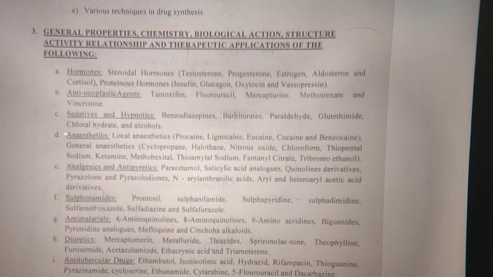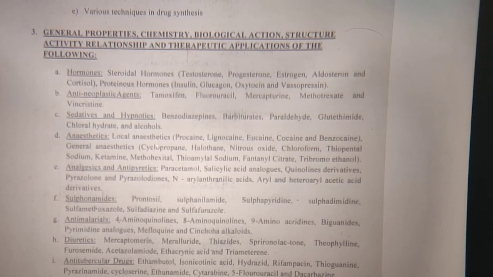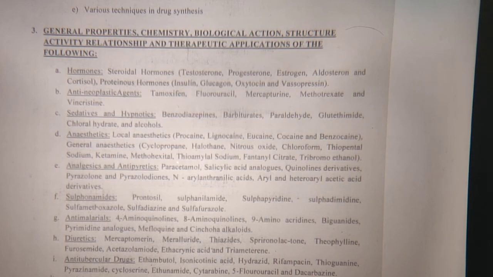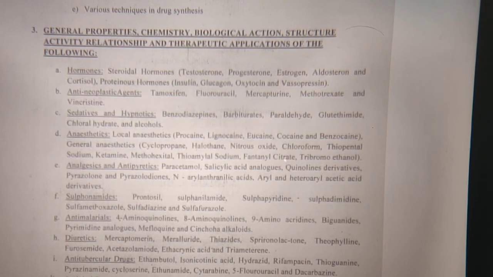D, anesthetics. Under anesthetics we will be sharing local anesthetics. Under local anesthetics are included procaine, lignocaine, eucaine, cocaine and benzocaine. General anesthetics included cyclopropane, halothane, nitrous oxide, chloroform, thiopental sodium, ketamine, methohexital, thiamylal sodium, phenyl citrate, tribromoethanol.